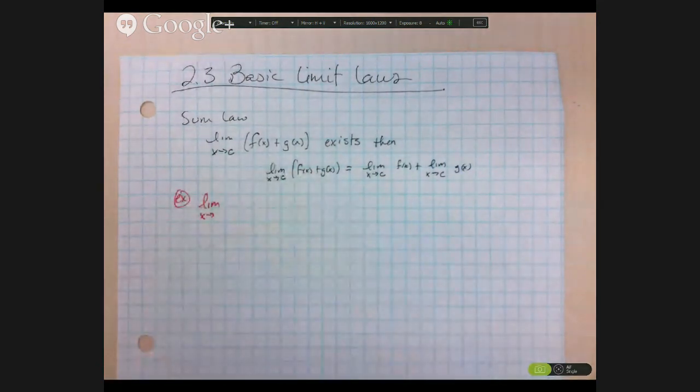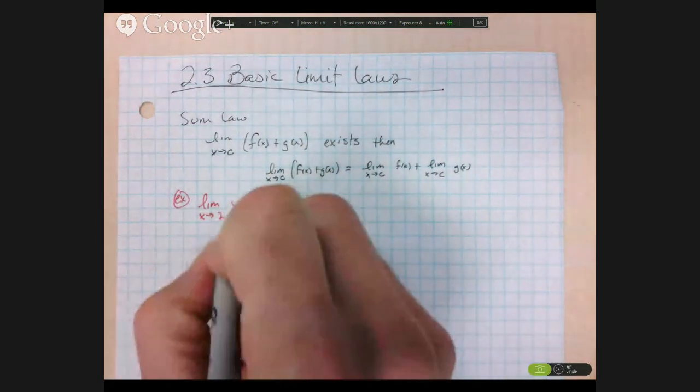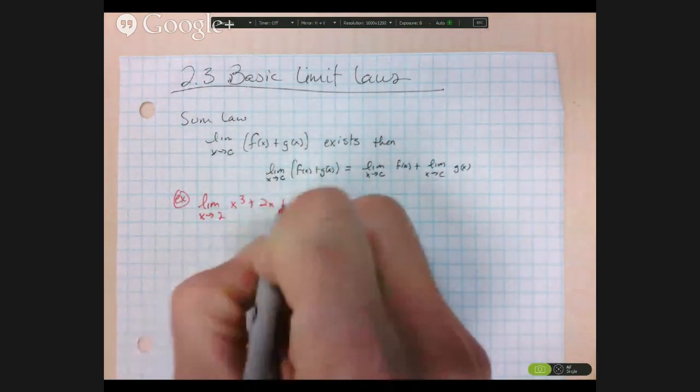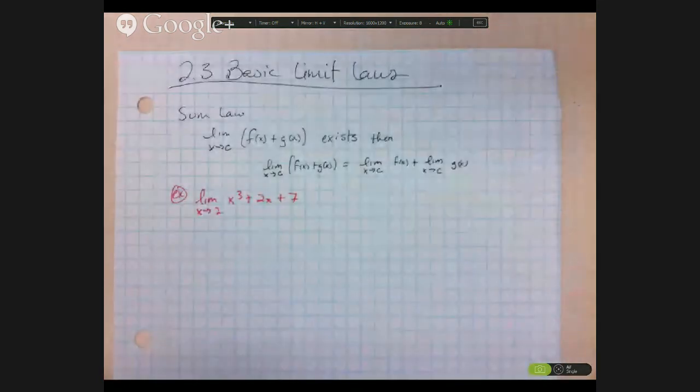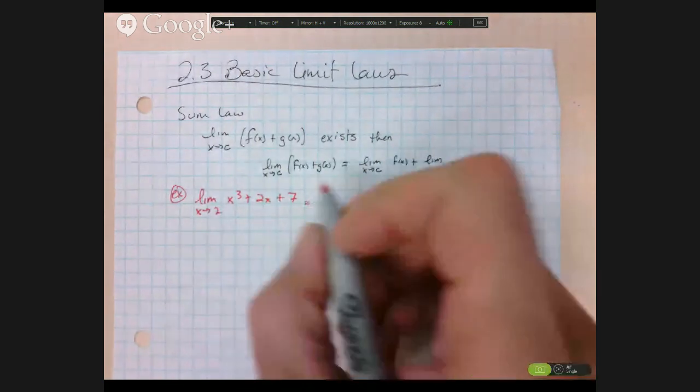Let's do the limit as x approaches 2, x cubed plus 2x plus 7. We're going to apply a couple other laws here too, but just for the sake, we'll show you the add part.